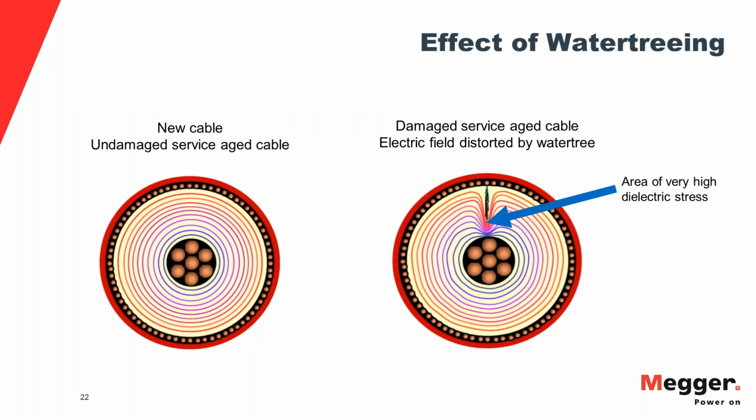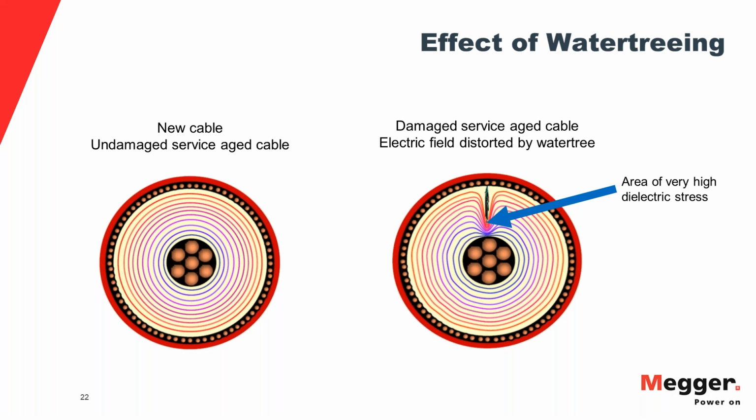And why does the water tree cause this effect? Well, on a new cable or an undamaged service-aged cable, so no water tree damage, the electrical field is very uniform, nice, homogeneous. So there's no distortion. But the water tree, because there's a material-related parameter called permittivity, which is causing the field to be displaced, compressed, or displaced out of a certain volume.